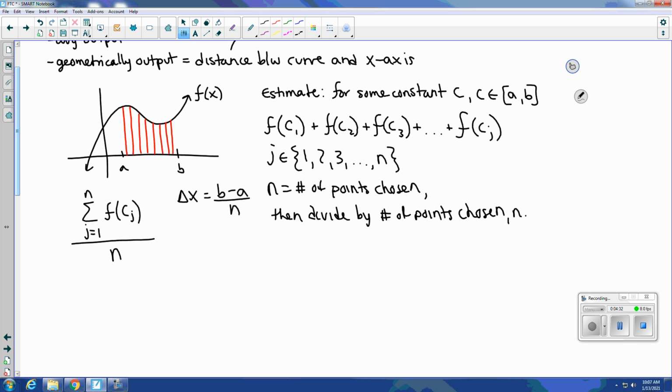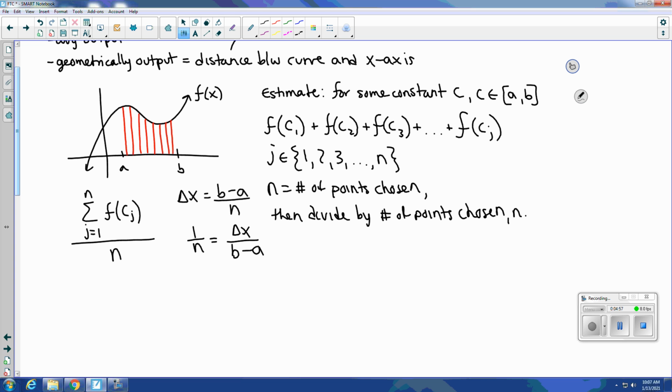And this is the exact same thing we did with our rectangular approximation methods. Now, what we're going to do is manipulate this a little bit by dividing both sides by b minus a. And we're going to see that 1 over n is equal to delta x over b minus a. So this is coming from the fact that we want our points that we're selecting for our estimate to be equally spaced to get the best possible estimate.